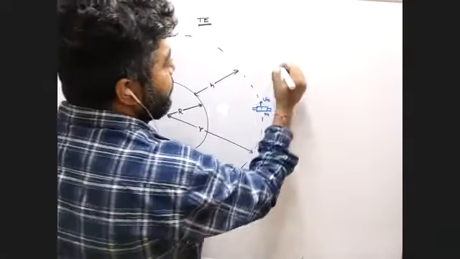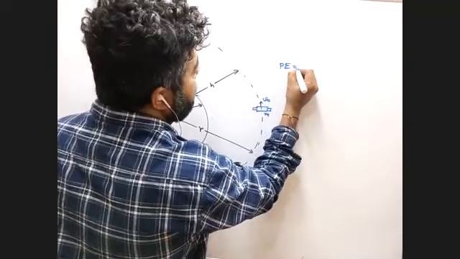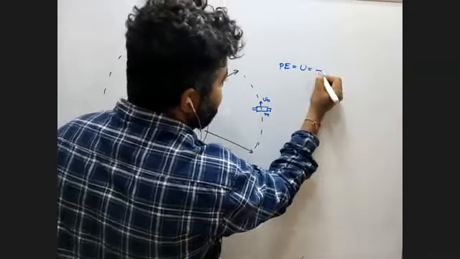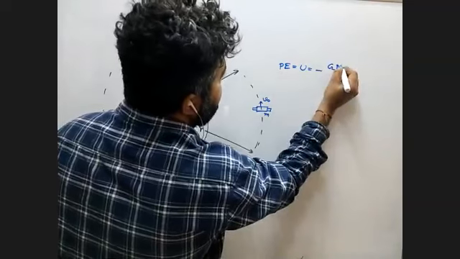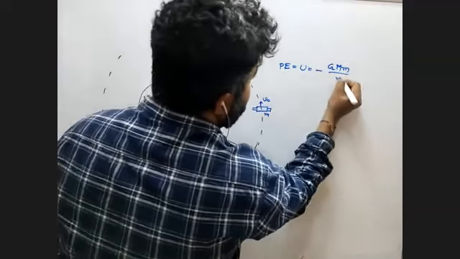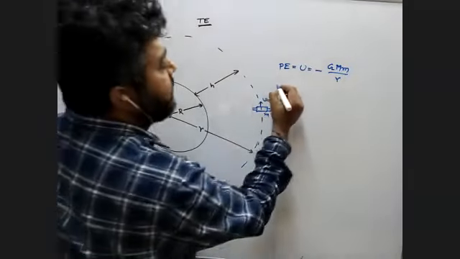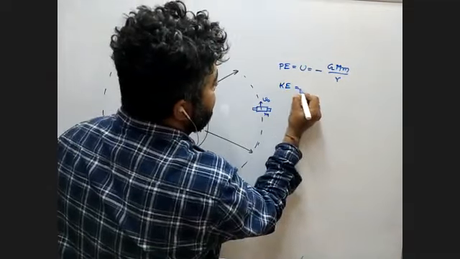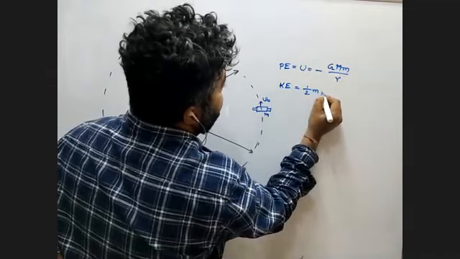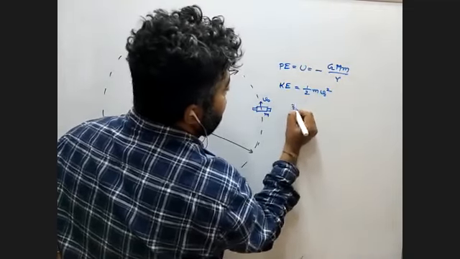Now we know very well potential energy U is minus GMm by r. Is it okay, everyone? And kinetic energy is half m v naught square.